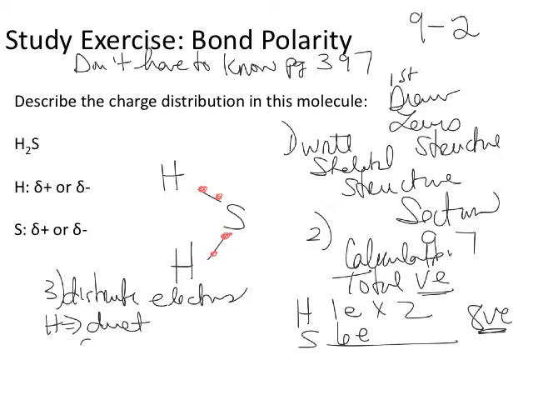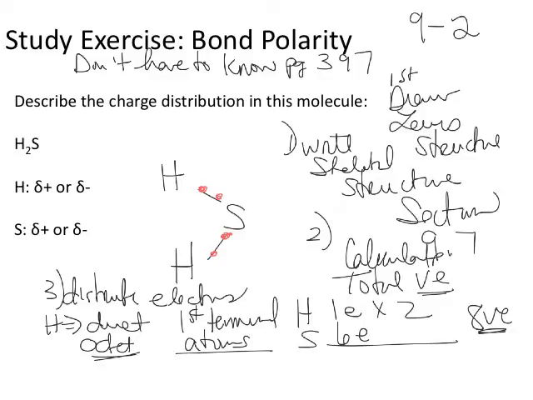And everything else forms an octet, except for the exceptions to the octet, and that's in the last section of this chapter. We distribute the electrons first to your terminal atoms, and then you work to the center and you satisfy the duet or the octet. So we've already satisfied hydrogen. Hydrogen has 0 lone pairs. They're always going to be in the bonding.